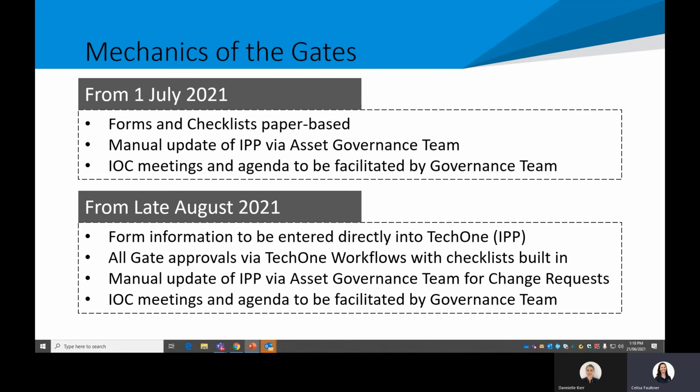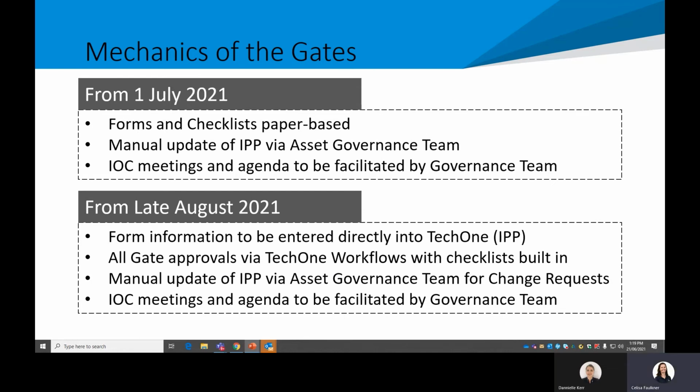And as a proponent, I will log on to Tech One and I will just directly enter my information into those fields. So there's no electronic form or paper-based form. Obviously, you can still use those paper-based if you want to fill it out and then just copy and paste in, because that's how you like to work. But the proponent will be required to directly enter it in.